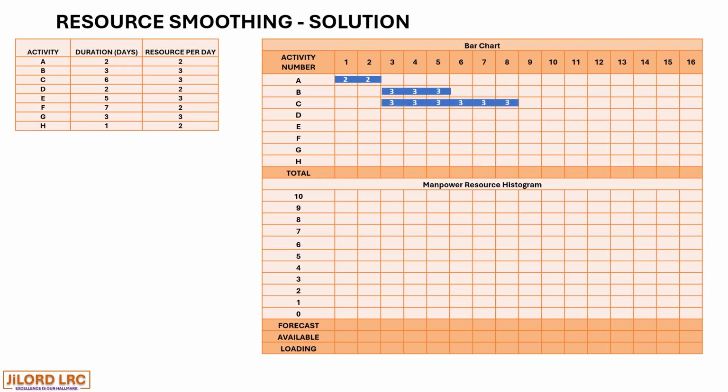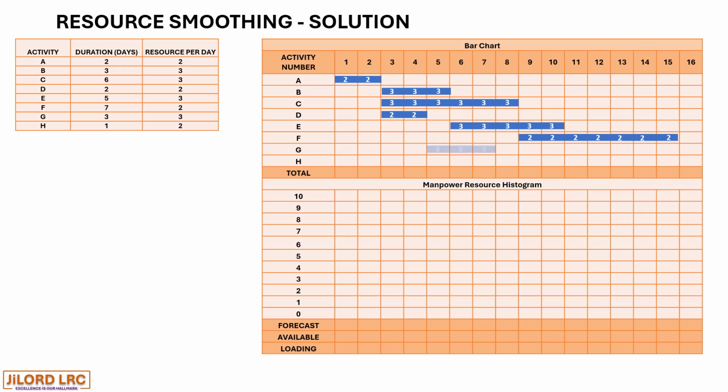We have activity C, having 6 days duration with resource per day as 3. Activity D has 2 days duration with resource per day as 2. And we have E having duration of 5 days with resource per day as 3. We have a 7-day duration for activity F with resource per day as 2.